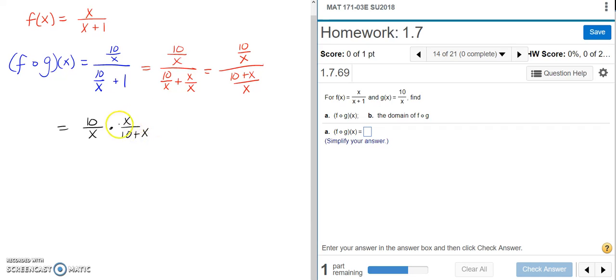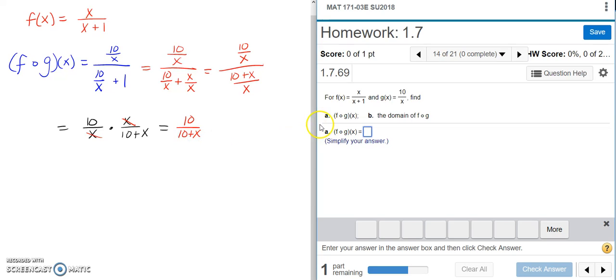So flipping it. Anytime you divide by a fraction, you're really going to multiply by the reciprocal. That actually is kind of nice, because then the x's cancel out, and we're left with 10 over 10 plus x. So that should be our answer here.